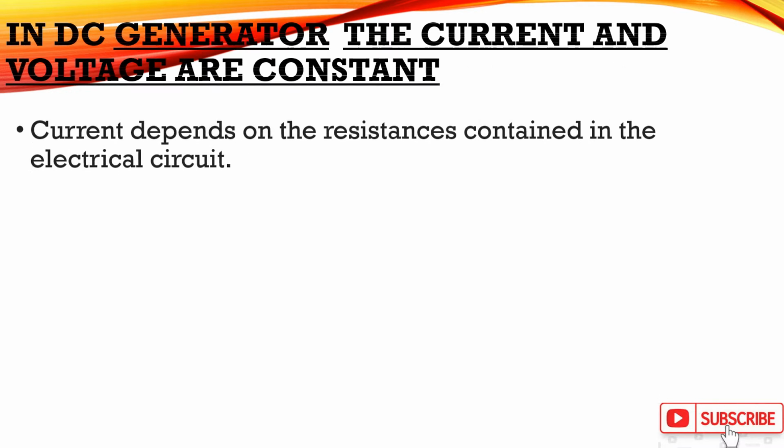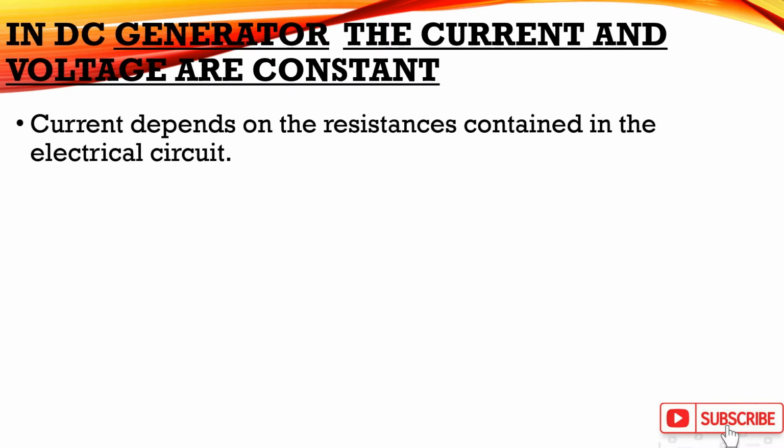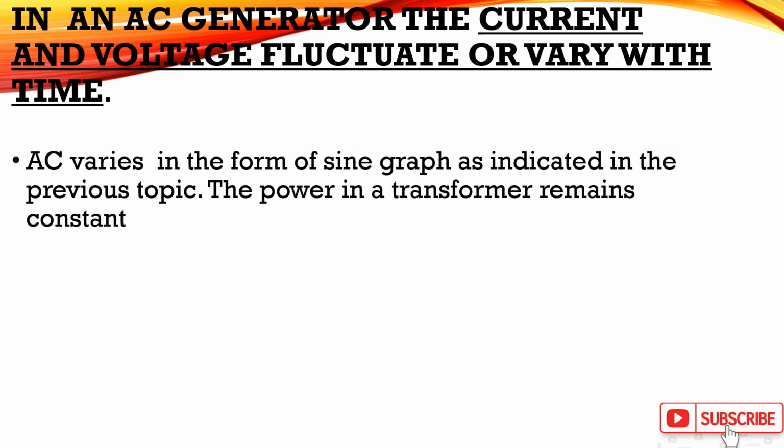In a direct current generator, the current and voltage are constant. Current depends on the resistances contained in the electrical circuit. In an alternating current generator, the current and voltage fluctuate or vary with time.